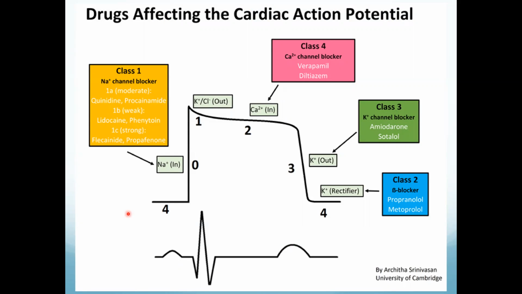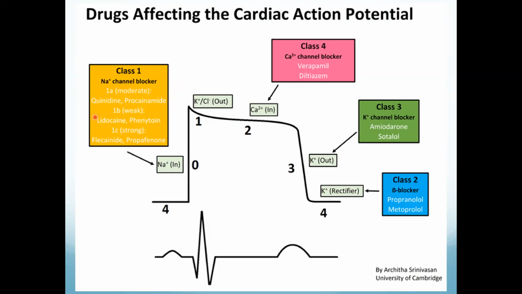So touching on drugs, we're going to go back to the action potential and look at the different phases of the action potential to decide what drugs are going to be effective or ineffective for certain arrhythmias. Particularly when we're looking at ventricular arrhythmias, we're going to be more interested in class 1 antiarrhythmics, which are the sodium channel blockers.